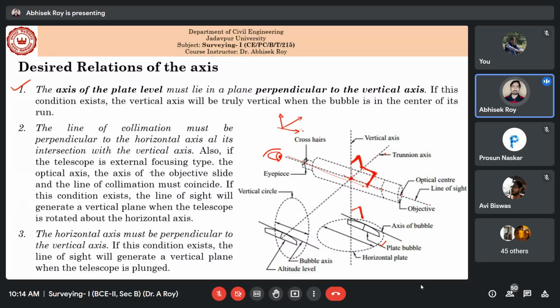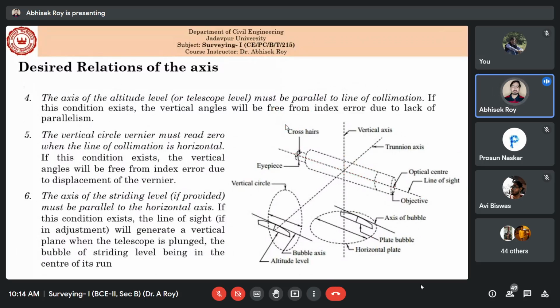You can assume this is the line of collimation, this is the horizontal axis or trunnion axis, and this is the vertical axis. So these three should be like a right-handed coordinate system, or simply all these axes are at 90 degrees.